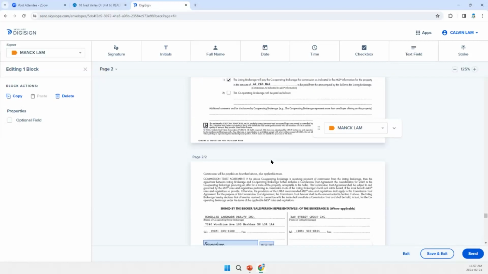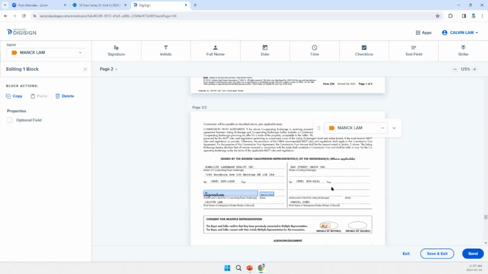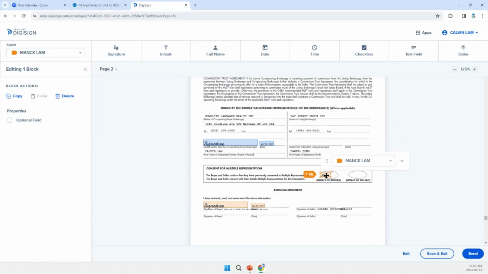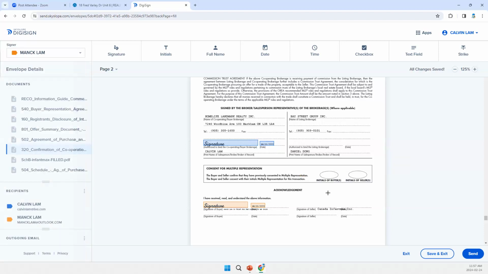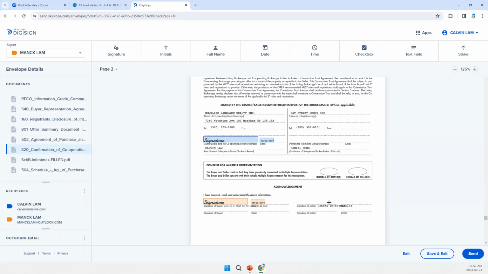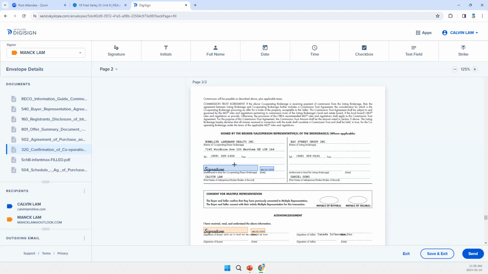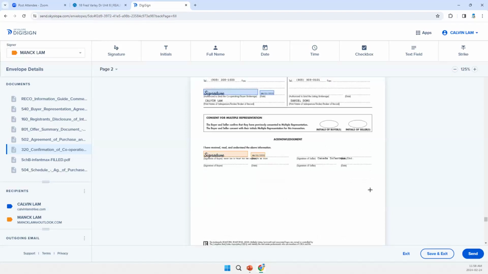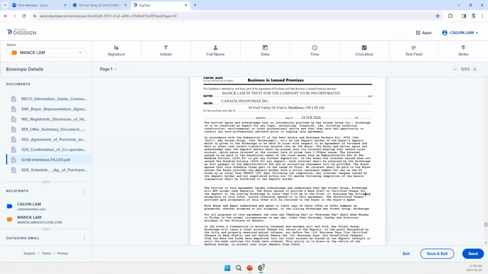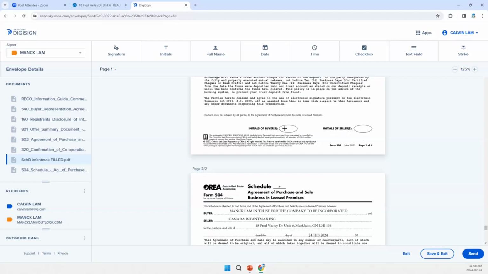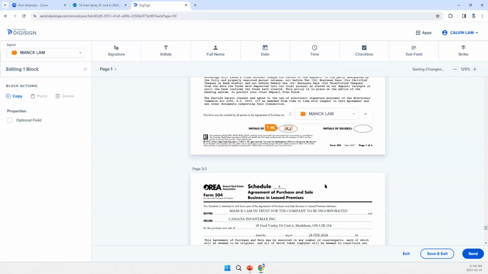This is good. Now, remember last time they had an initial there. Now they don't. Now this is good because we don't have a multiple representation, right? Now signature here for the agent, and this is the seller side. Schedule B. Haha, that's the stuff they're missing. Initials over here.